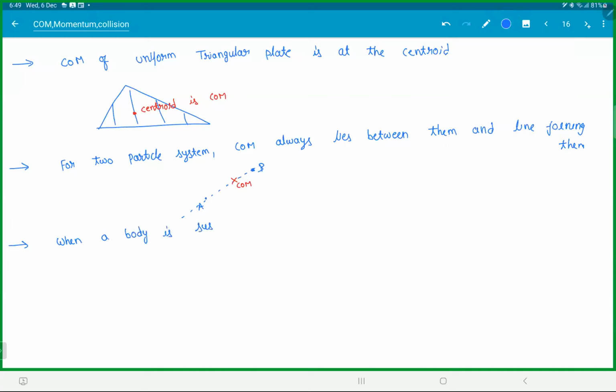When a body is suspended by a thread, the line joining the center of mass and the point of suspension is always vertical. This is quite a useful thing to find the center of mass of any random shape.